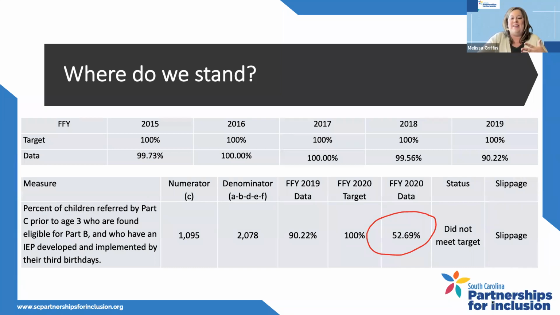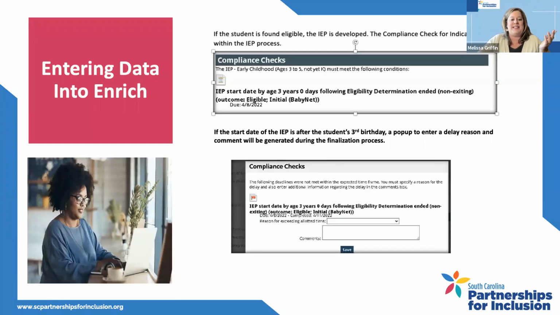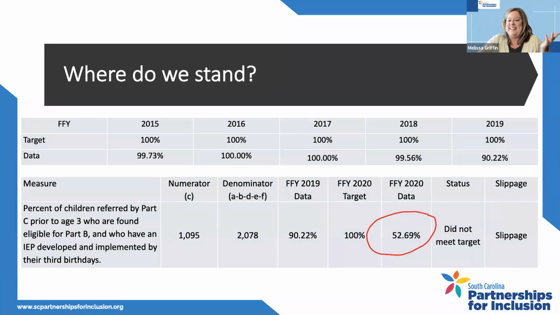So we have got a long way to go to 100, right, in 2020. But if you look at 2016 and 2017, you can see we hit it. So it's possible. We took a hit because of COVID, and who didn't, right?